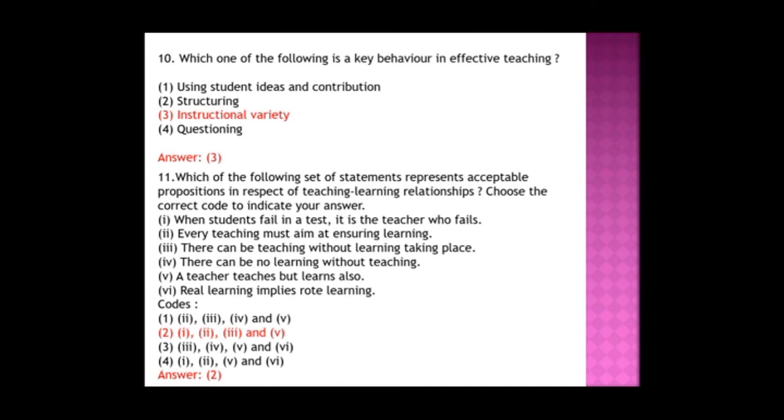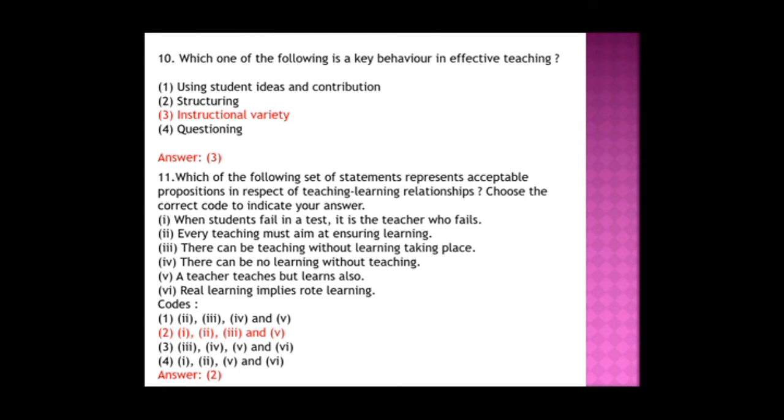That's also right. And there can be teaching without learning taking place. That's also right. And the fourth one is, there can be no learning without teaching. And the next one is, a teacher teaches but learners also. And real learning implies rote learning. No. So here the answer is the second one.